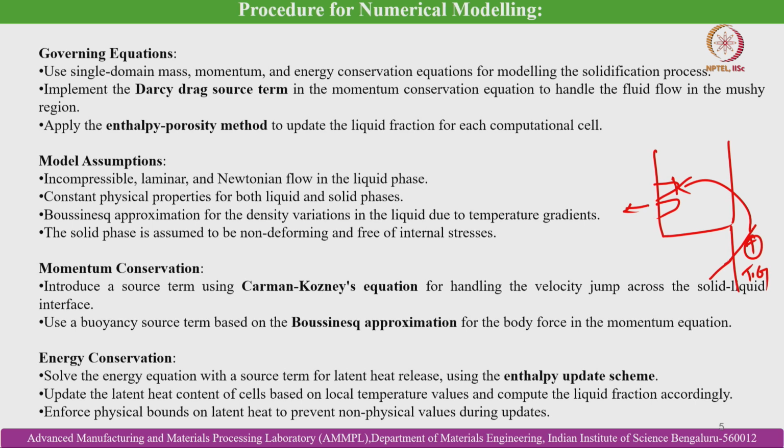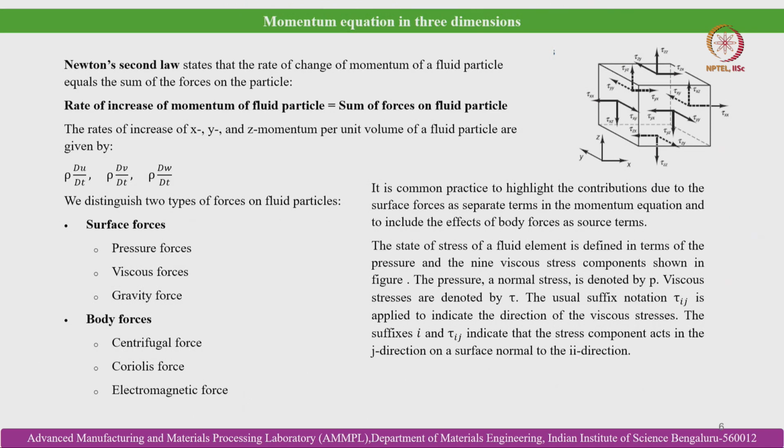Solve the energy equation with a source term for latent heat release using the enthalpy update scheme, updating the latent heat content of cells based on local temperature values and computing the liquid fraction accordingly. Then enforce physical bounds on latent heat to prevent non-physical values during updates. So these are the treatments that can be followed for a simple solid liquid, liquid solid phase change model.